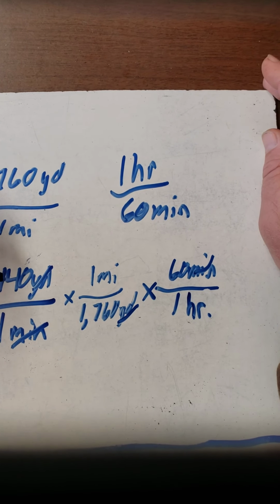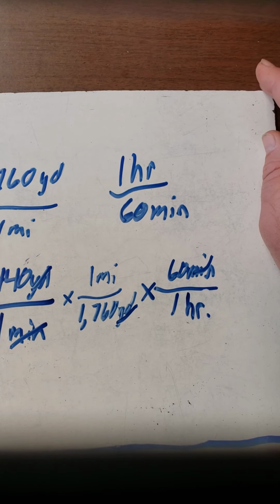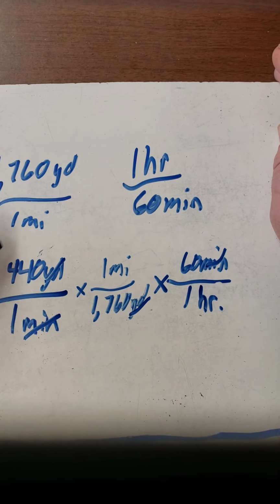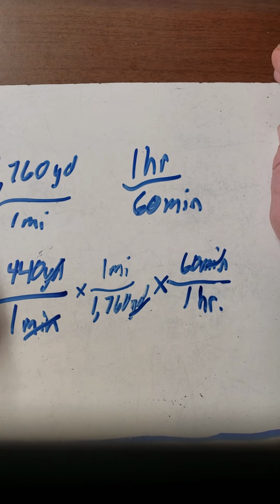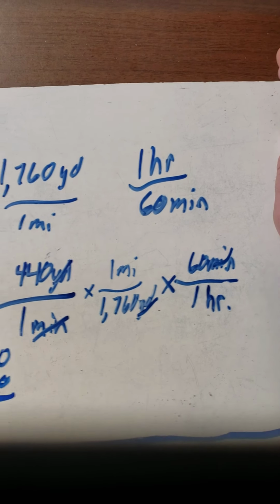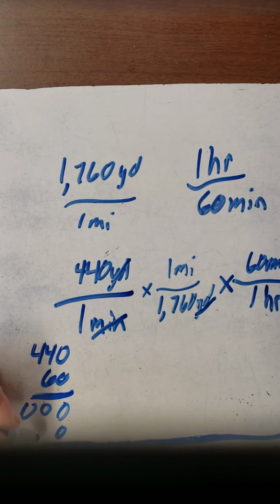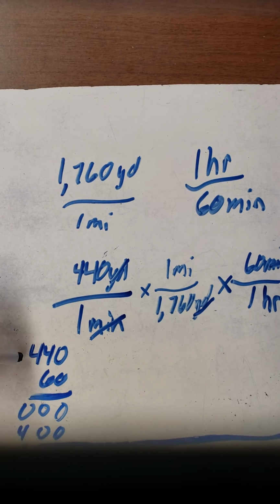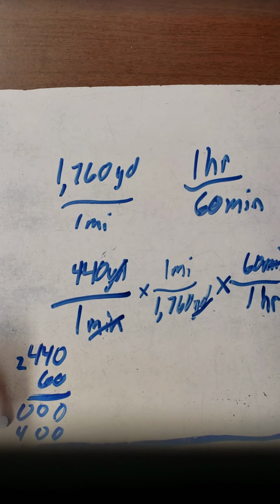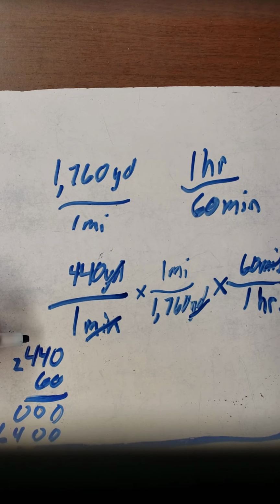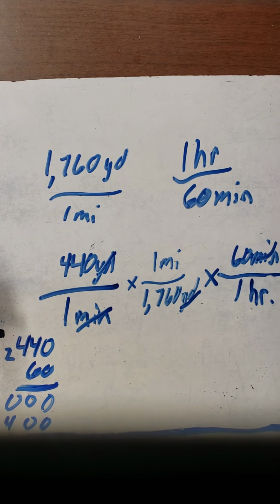Then we go 440 times 60, which is 26,400.